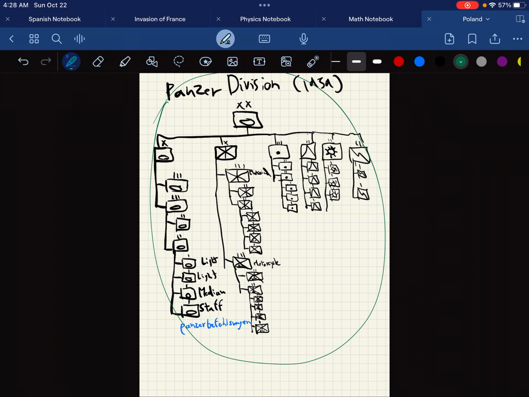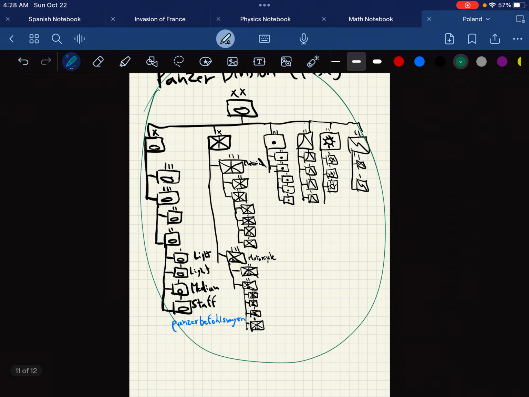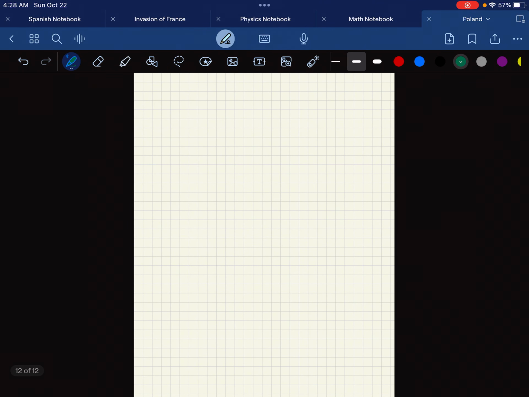So they often had extra things rather than just their normal Panzer Regiment or Panzer Brigade and Schützen Brigade. They often have other elements as well that they tag along. So that's why I say there's quite a diverse group of units, which is interesting because there aren't that many units. So I guess this is what I can talk about next.